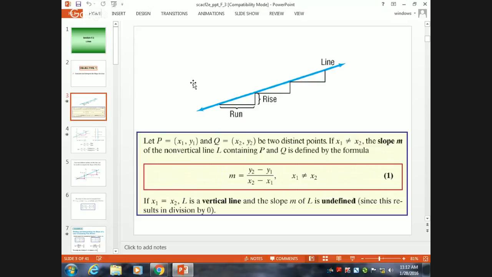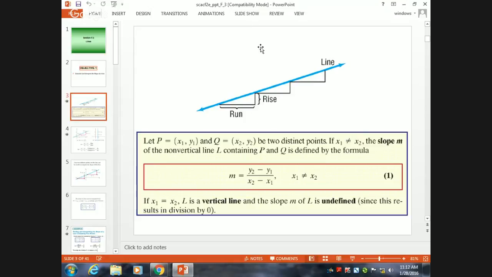Other peculiarities are when you have a line that's absolutely flat, there's zero rise. The change in y is 0. Change in x is whatever it gets to be, but 0 divided by anything is 0. A flat line has slope 0.